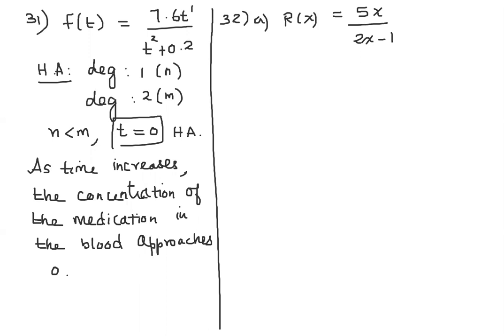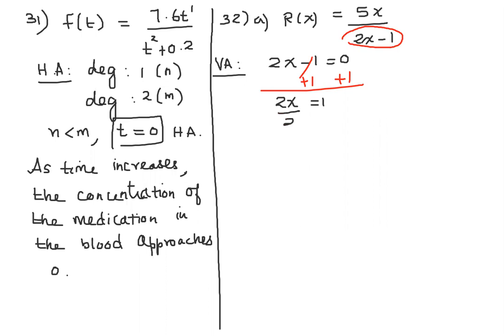So first we can find the vertical asymptotes. For finding the vertical asymptotes, always we have to set the denominator equal to 0. This 2x minus 1 equal to 0 and solve for x. So we get 2x equal to 1, divide by 2, so x equals 1/2 is the vertical asymptote.